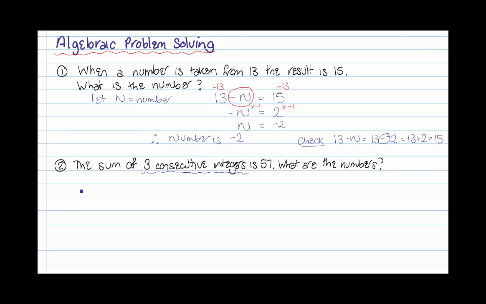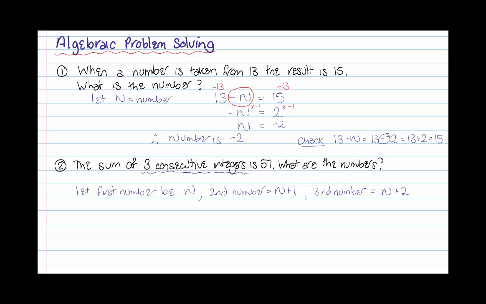So let's define the variables. Let the first number be n. If my first number is n, my second number is going to be n plus 1. My third number, I have to add 1 again, so it's going to be n plus 2.